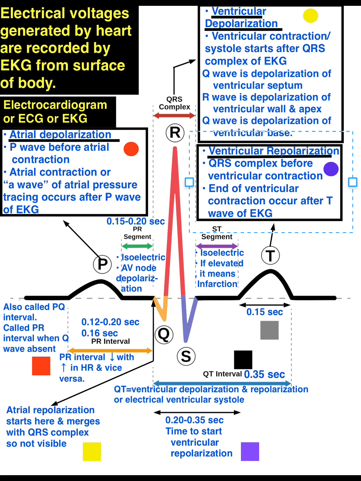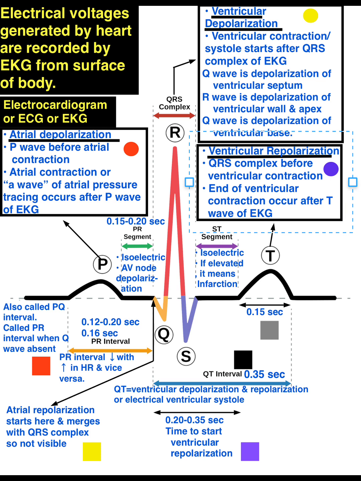There are three major components of this EKG: P wave, QRS complex and T wave. P wave represents atrial depolarization, QRS complex represents ventricular depolarization, and T wave represents ventricular repolarization.